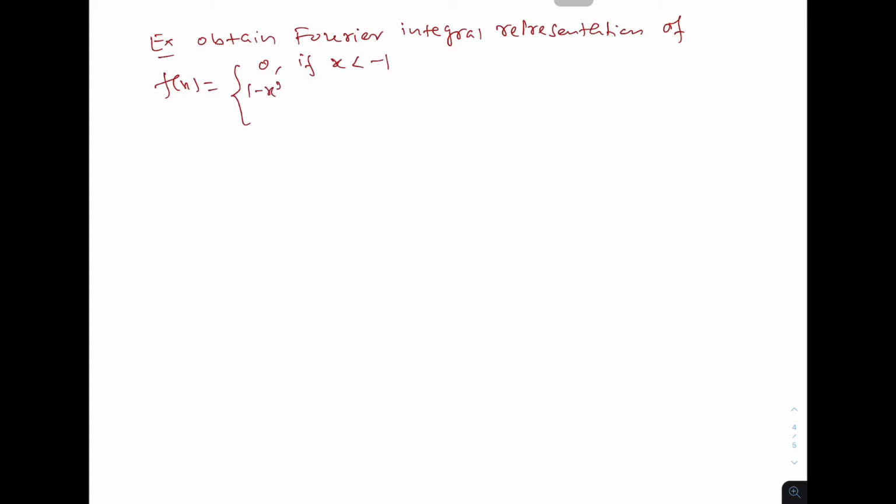Obtain the Fourier integral representation of f(x) is equal to 0 if x less than minus 1, 1 minus x square if minus 1 less than or equal to x less than or equal to 1, and 0 if x greater than 1.